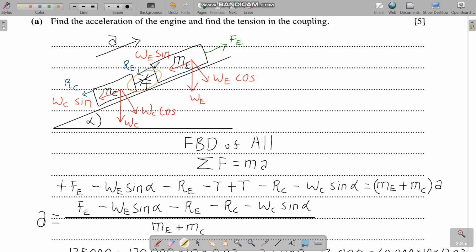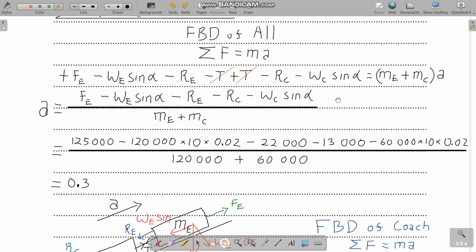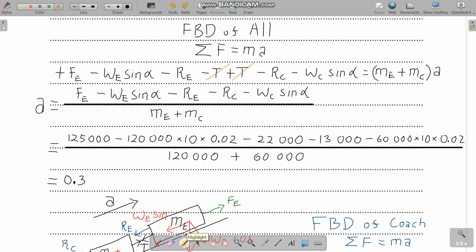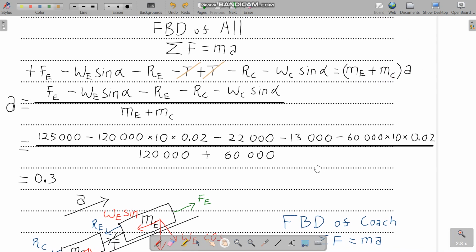Well, the T actually they cancel out, minus T plus T, and Rc negative, Wc sine negative, and this is FBD of all. We use the total mass, and we are finding A, so just divide both sides by the brackets and plug in the numbers.